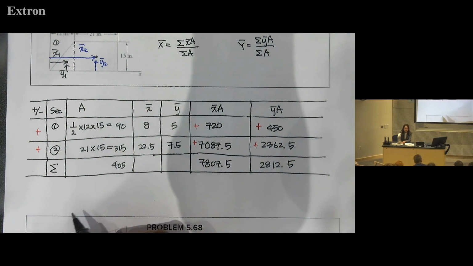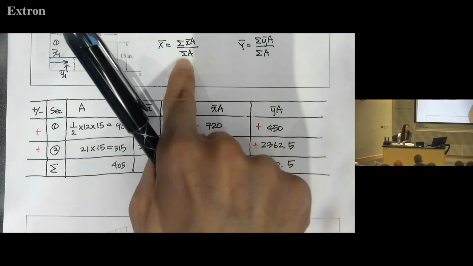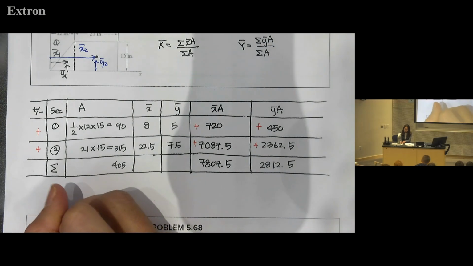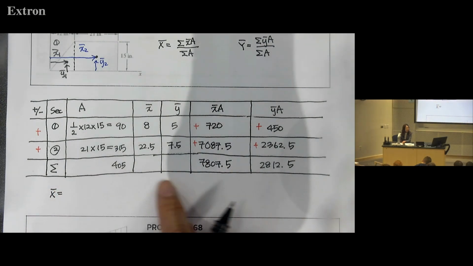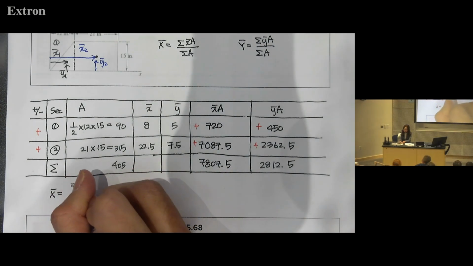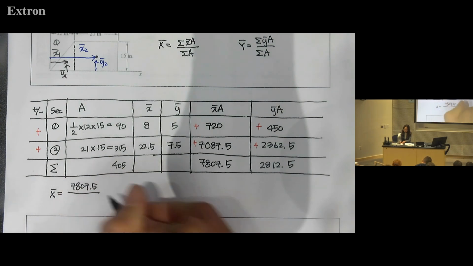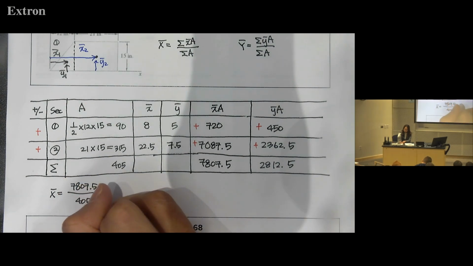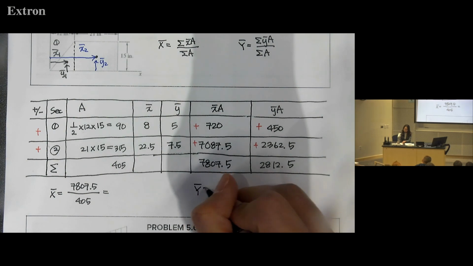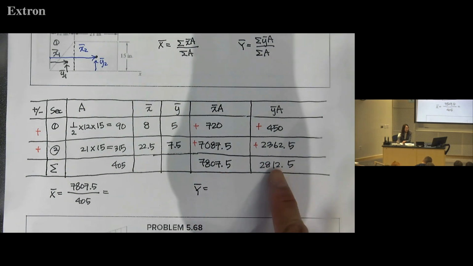And now the final step, using this equation to find x bar. So x bar is this divided by this. And then y bar is this divided by this.